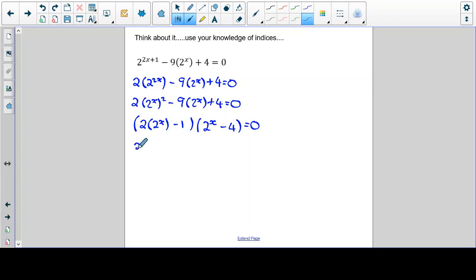So from this one, we've got 2 lots of 2 to the power of x must equal 1, and here, 2 to the power of x equals 4. So you will have to divide by 2 and say, what power would you put on a 2 to give you a half? That would have to be a negative 1 to turn it into the reciprocal. And what power would you put on a 2 to give you a 4? Well, you would square it.